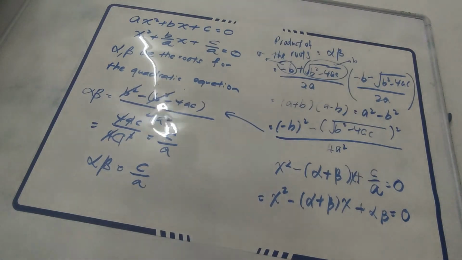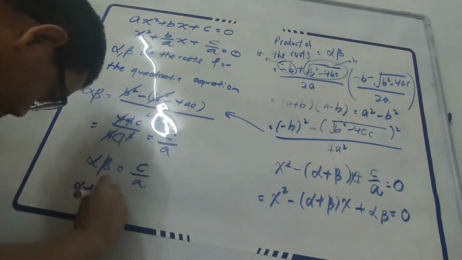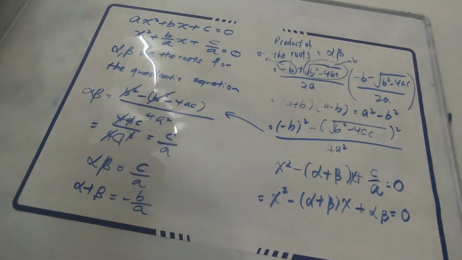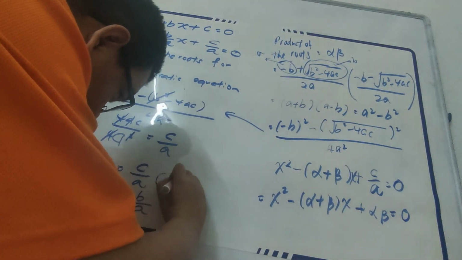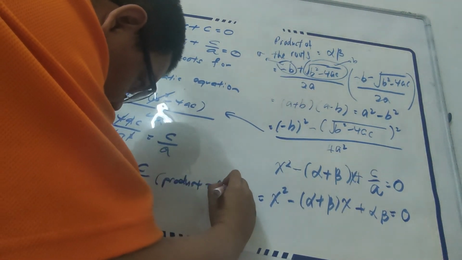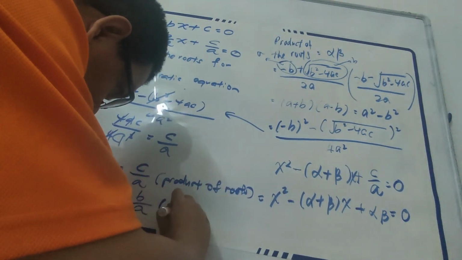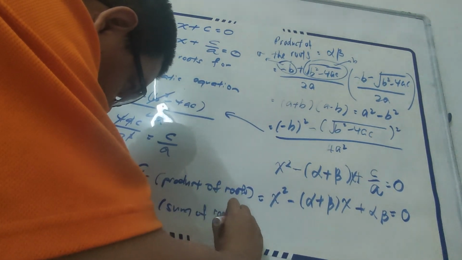I just add one more line here: your alpha plus beta is minus b over a. So this is how you prove the product of the roots and the sum of the roots. This is the product of roots, and this is the sum of roots.